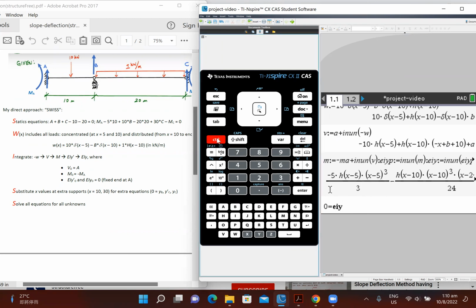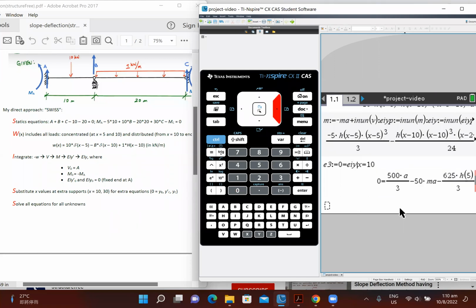You can substitute by pressing Control equal and use this vertical bar for substitution. X equals 10. All right. So that's an equation that says 0 equals blah, blah, blah. And let me call that my third equation, E3.